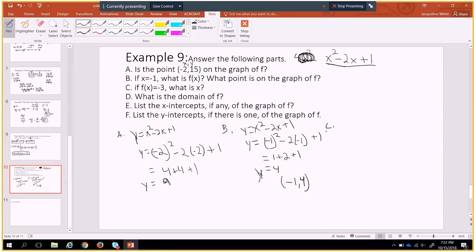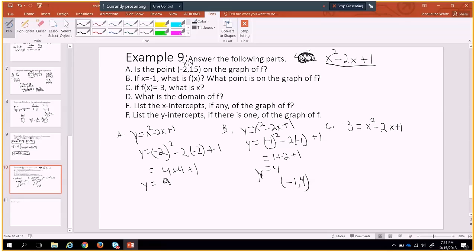Now part C. If f of x is equal to -3, what is x? This might be a little bit more difficult. So that turns into, if f of x is equal to -3, that means that y is equal to -3. So it's going to be -3 is equal to x squared minus 2x plus 1.